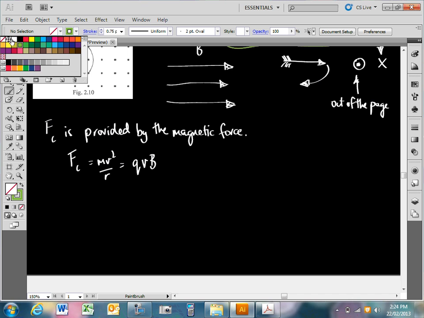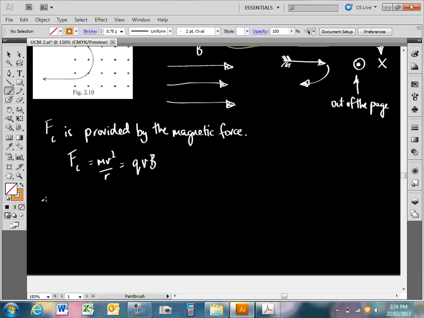Who's heard of a free body diagram? Anyone? No? Free body diagram. Looks like this.